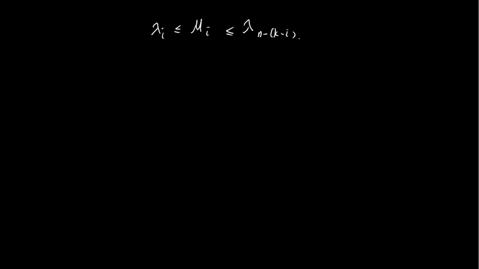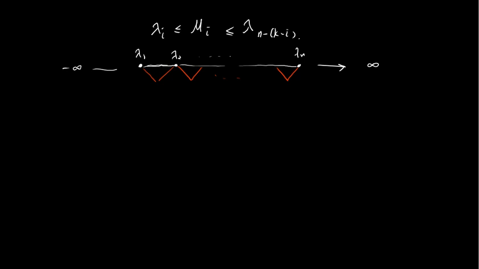Here is how to remember or visualize the idea of this inequality. Imagine that we put lambda 1 through lambda n on the real line. We have lambda 1 and lambda 2 and then keep going, because it is ordered from small to large. What we have seen before is that there are some eigenvalues between lambda 1 and lambda 2, and lambda 3, and keep going until lambda n minus 1 and lambda n.